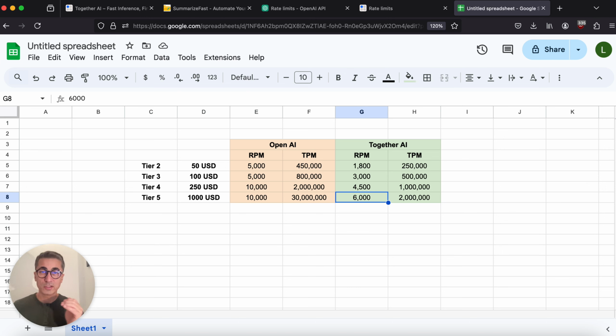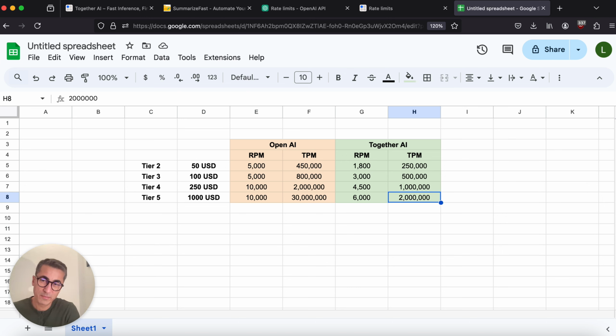And your token per minute limitation is going to be 30 million in the case of OpenAI, while it still remains at 2 million when using TogetherAI.